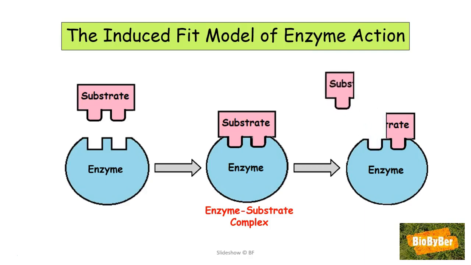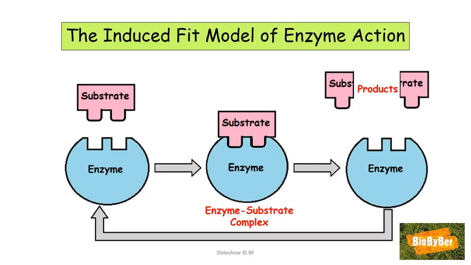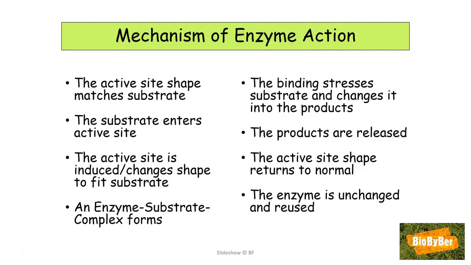The substrate becomes the products, leaves the enzyme. The enzyme is left unchanged. It is exactly the same as it was before. Therefore, it can be reused or recycled. This mechanism of action is called the Induced Fit Model.